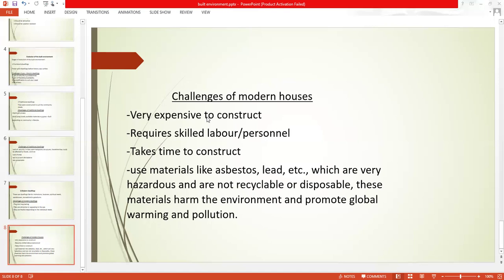Is that also part of the built environment, or how would you categorize that? Yes, that is also part of the built environment, and we call it precast materials because they are manufactured somewhere else and then brought to the site.